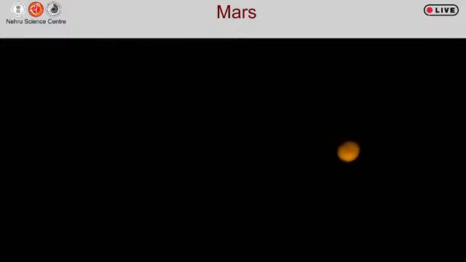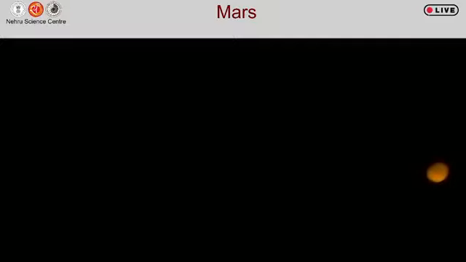Mars has an average temperature of minus 81 degrees Fahrenheit, or minus 63 degrees Celsius, which is quite cold compared to our Earth. And its atmosphere is also quite different from Earth's. Whereas on Earth we can find several kinds of gases, the atmosphere of Mars is mainly made of carbon dioxide.